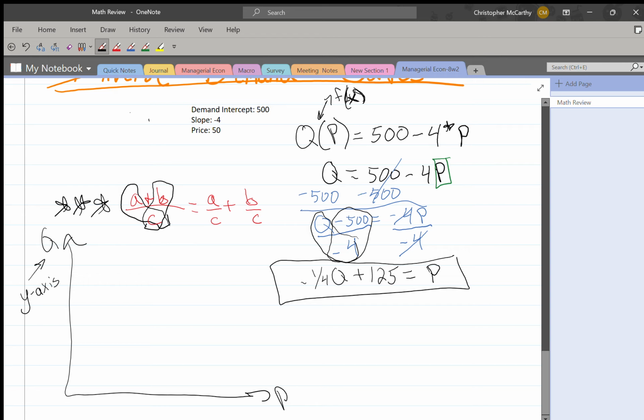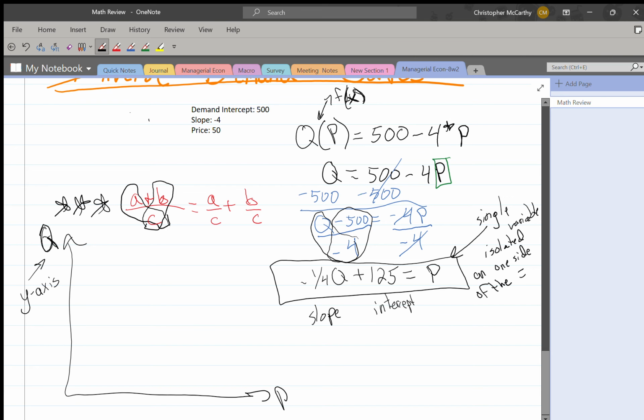And so in order to plot a demand curve, we need to have this in slope-intercept form, with p as the single variable that's isolated on one side of the equal sign.